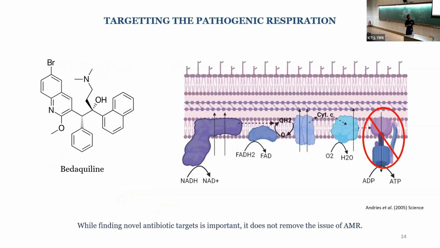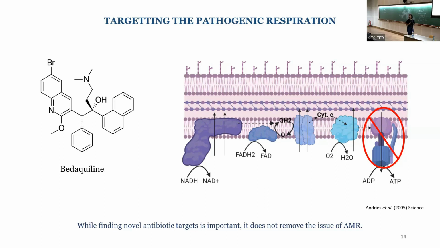In fact, one of the first drugs in the last 40 years that got approved for treatment of multi-drug resistant TB infections was called bedaquiline. Bedaquiline is this diaryl quinoline molecule that inhibits the ATP synthase of mycobacteria. It's extremely specific to mycobacteria and it's extremely potent as well.